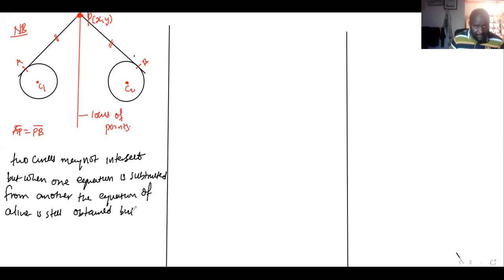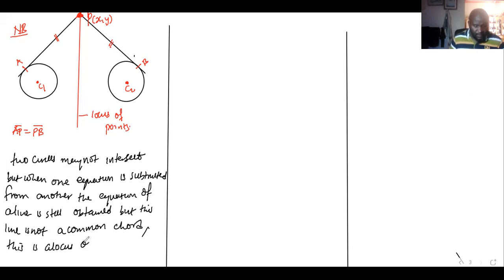But this line is not a common what? It's not a common chord. So if this line is not a common chord, what is it? This is a locus.